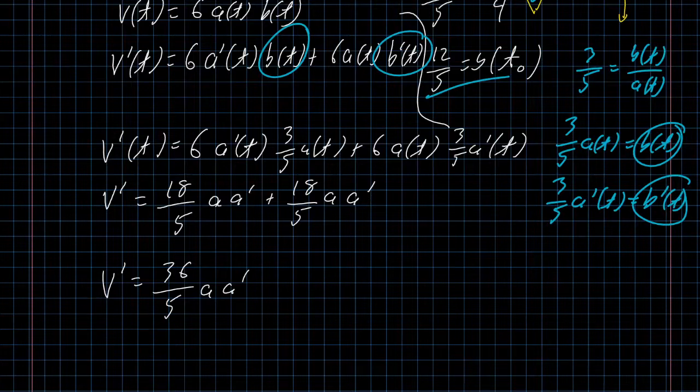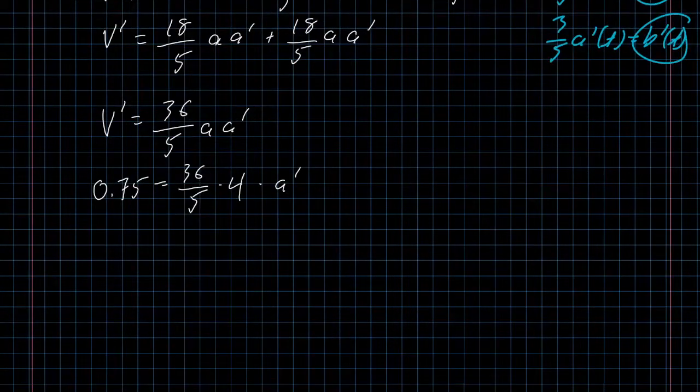We can start plugging stuff in. The rate at which water is entering the trough was 0.75. The depth that we cared about, A, at the time we cared about, was 4. And we had no idea what A prime was. From here, we could solve numerically if we wanted to, or analytically, we could get an exact value, but I'm just going to grab out my calculator. We've got 0.75. We need to multiply times 5.